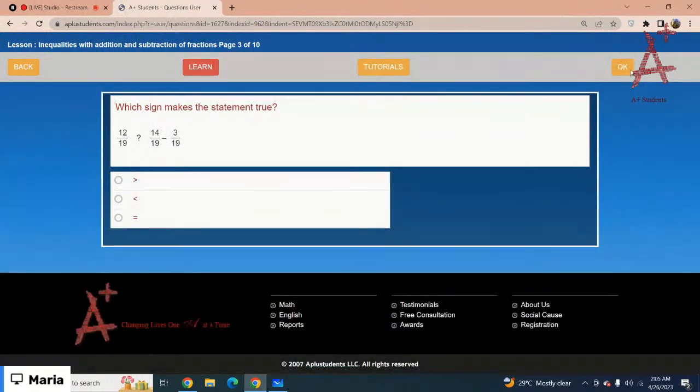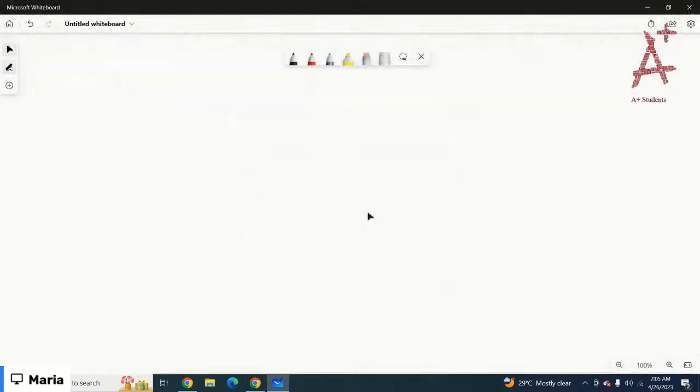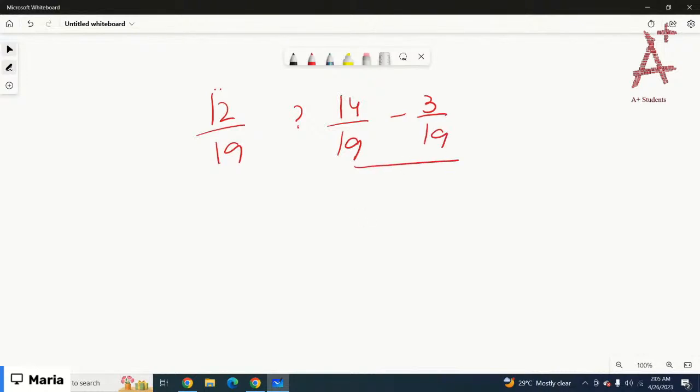Okay, the next one is 12 over 19. You have to compare it to 14 by 19 minus 3 by 19. Just solve the right hand side. They have the same denominator, so simply subtract their numerators. 14 minus 3 is 11 over 19.